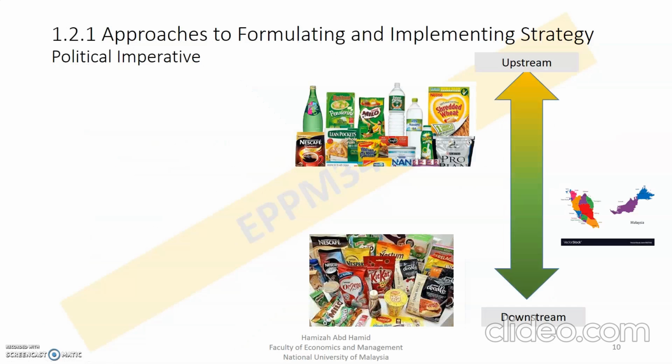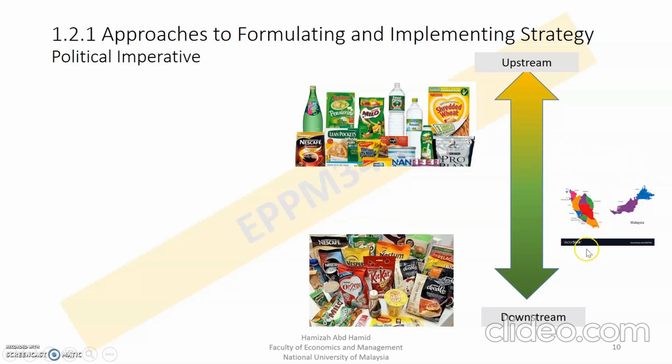For instance, Nestle is one of the companies that use the political imperative. As you can see here, Nestle's home country is Switzerland. Whatever is being sold in Switzerland is likely to be available in other markets.